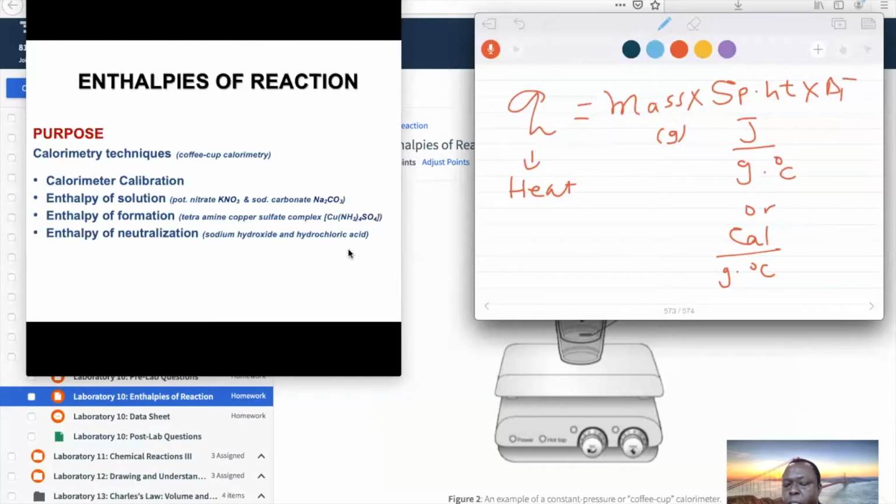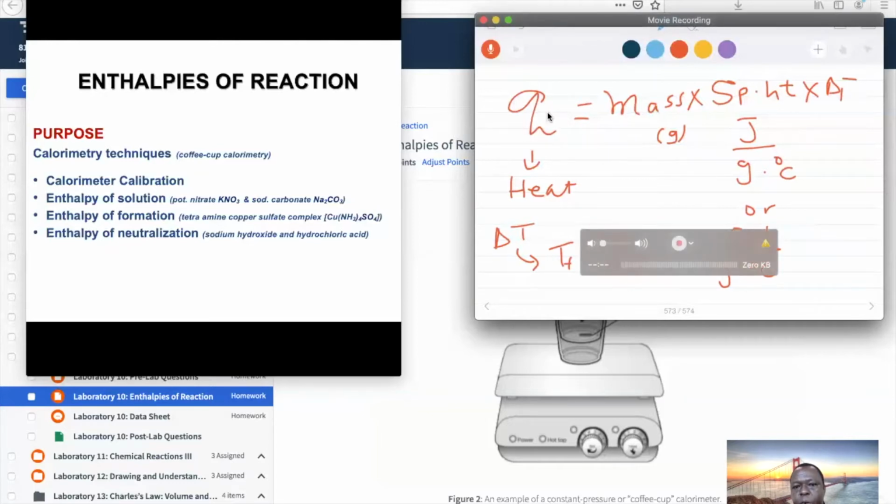The change in temperature is obtained from T final minus T initial, where you're starting when the temperature changes. So this is the heat of reaction.